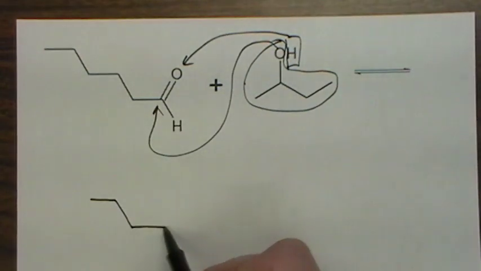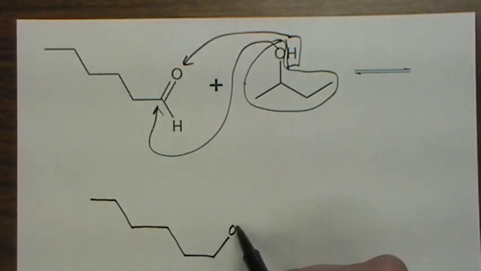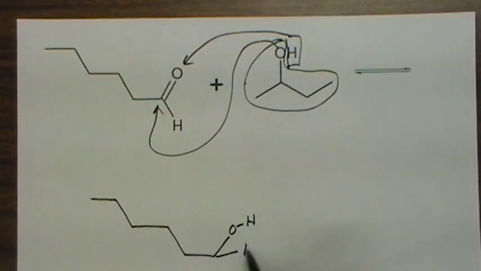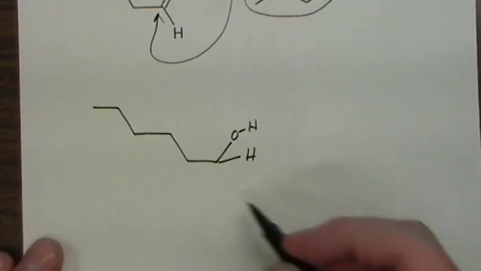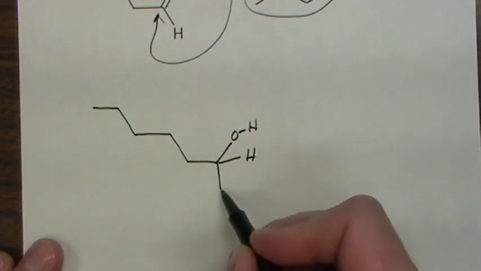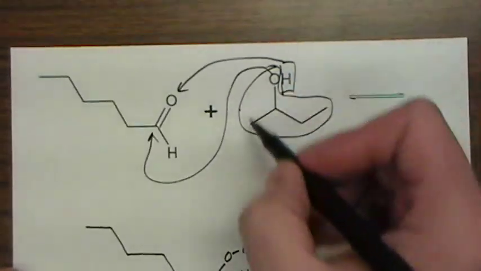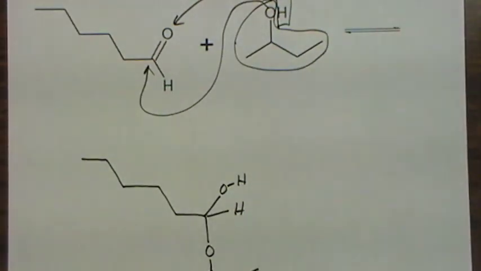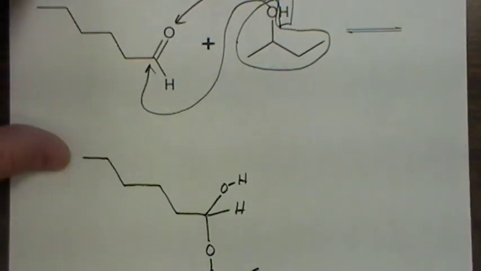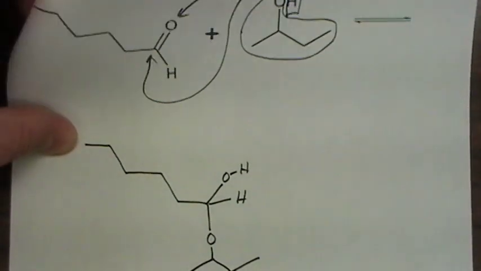So we draw it out, OH, and don't worry if it's a little messy, just try to make sure you get all the groups on here. That's all I'll be looking for. You can see this is still just this molecule up here without the hydrogen. Make sure I got it right. Yep. Everything looks good.